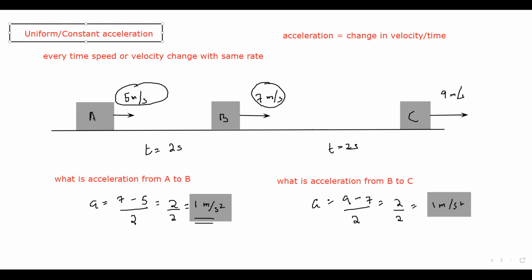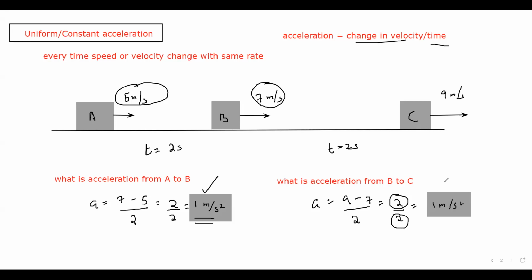Yes, the velocity is changing with respect to time, because acceleration is the change in the velocity divided by time interval. So here the change was 2 and the time is also 2. So 2 divided by 2, acceleration is coming out 1. And here the change in the velocity is 2 and the time interval is also 2.